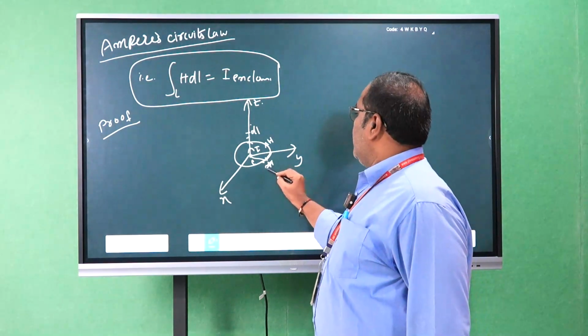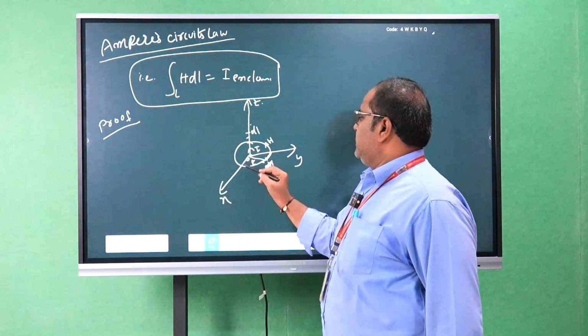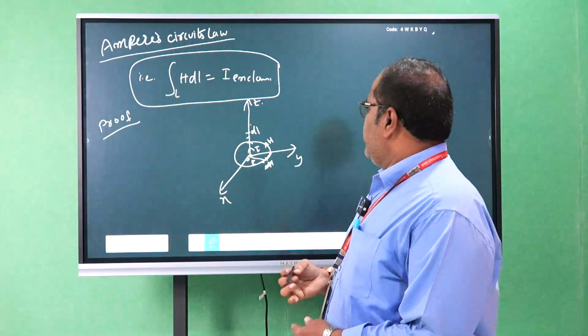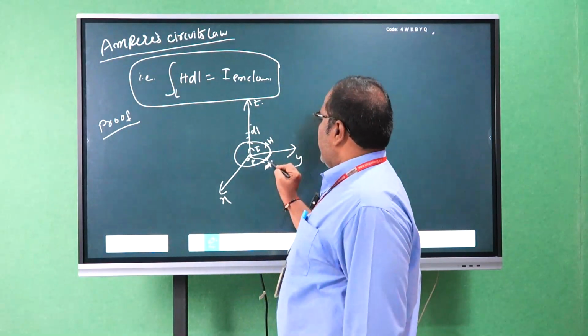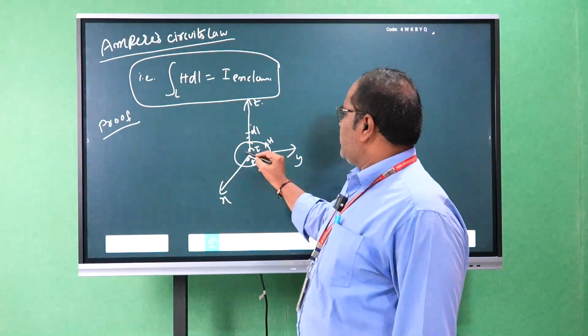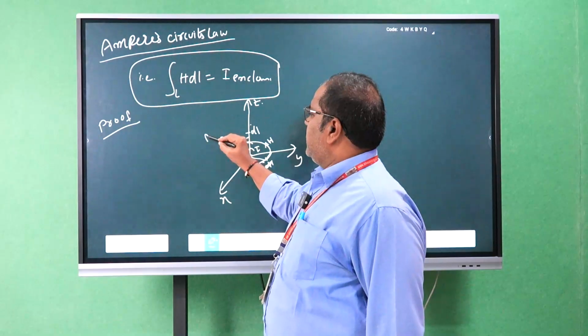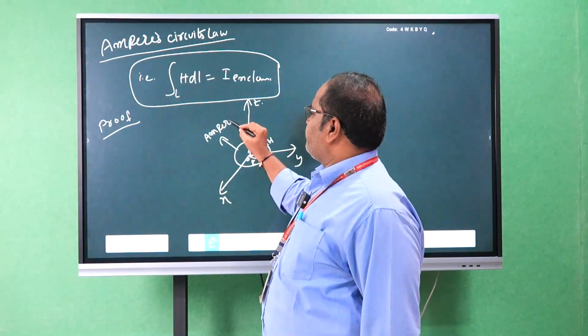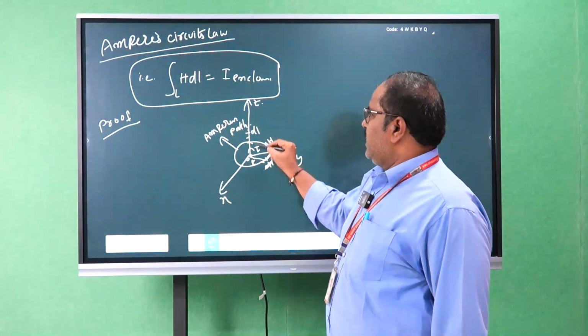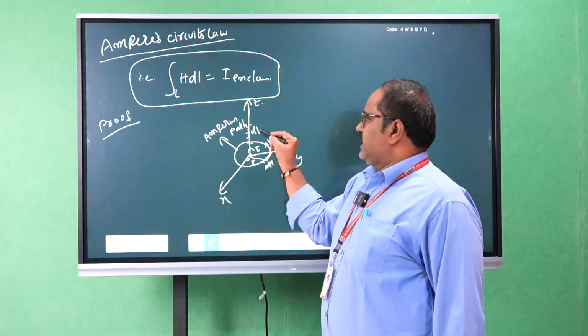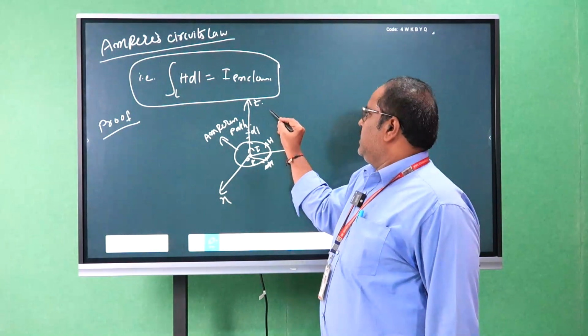Therefore, rho is the radius, and O is the origin point. Applying Ampere's law to the circular path, which is the Amperian path, the current I is along the z direction, and for the element dl the current element is I dl.